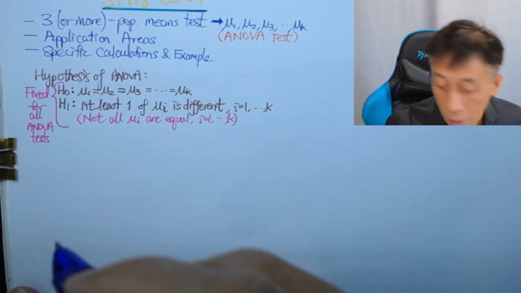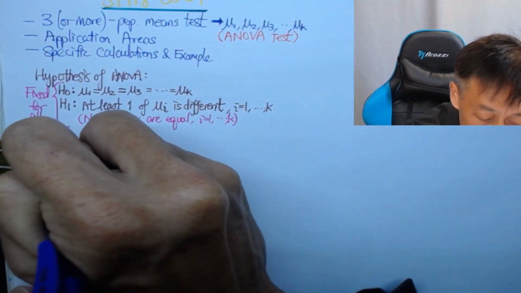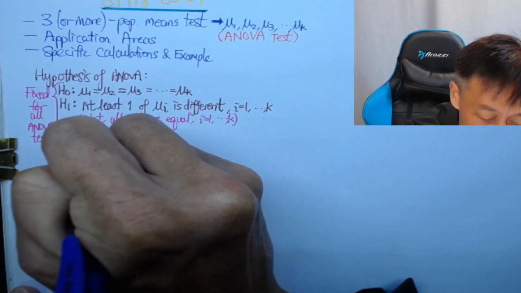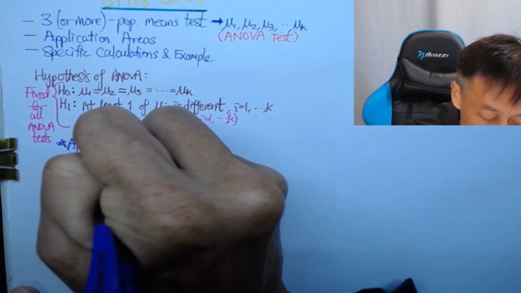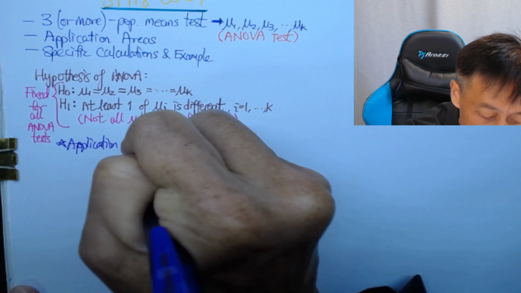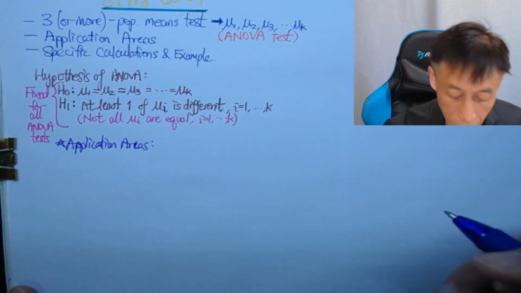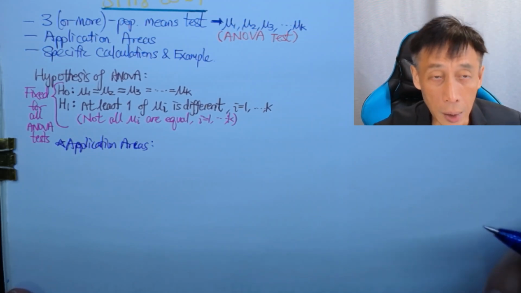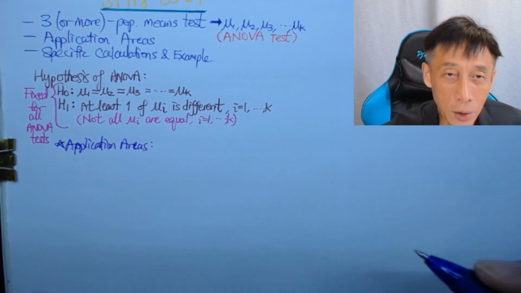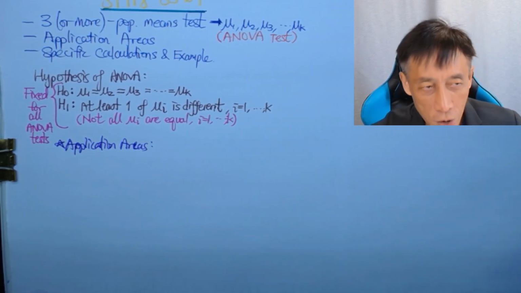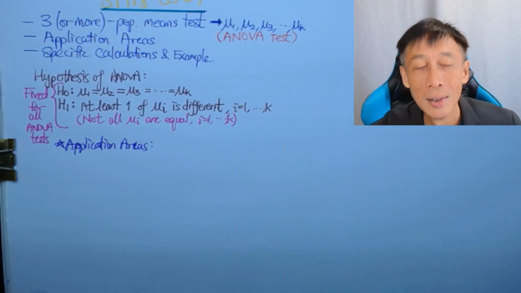All right, so let's go into the application areas. What might be the application areas? Number one, they are of course trying to compare, to judge, to assess, to make decisions.